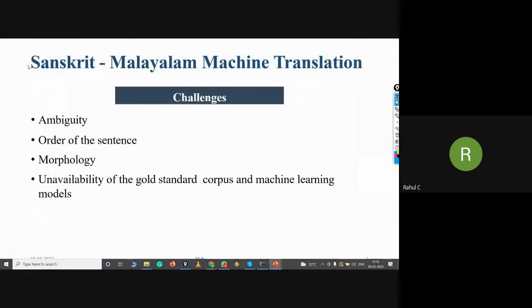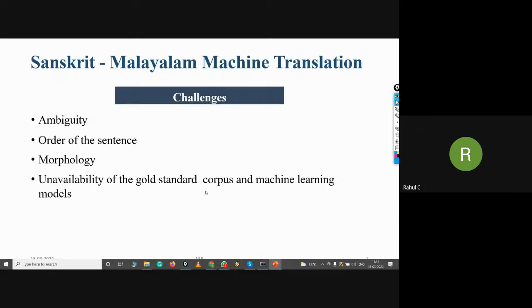Okay. So next we will discuss neural machine translation with the help of a language pair, Sanskrit and Malayalam. You can think about conversion from Sanskrit to Malayalam or from Malayalam to Sanskrit, both. Why this translation is very important: the main challenges of machine translation are a lot of ambiguity, order of the sentences, morphology, and unavailability of standard corpora.